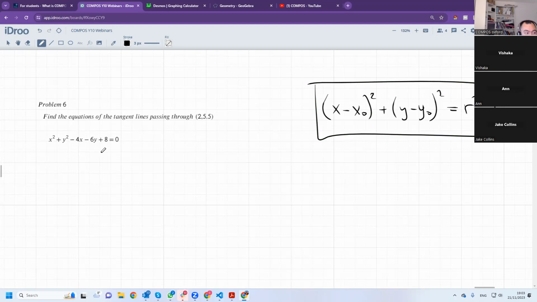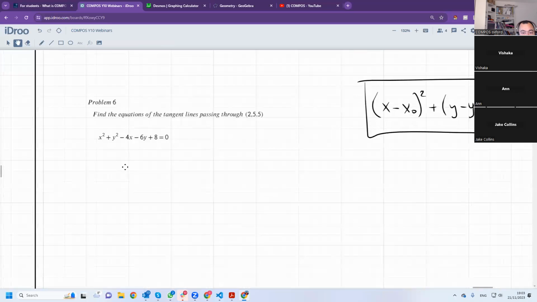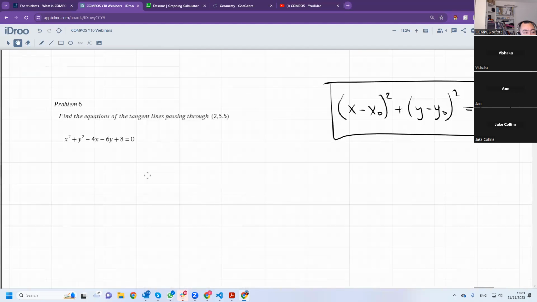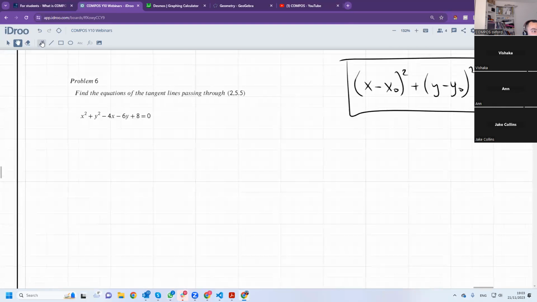But it doesn't look like the equation of a circle. But remember, in the first assignment, you completed the square, and here you need to complete the square. There's going to be x squared minus 4x.